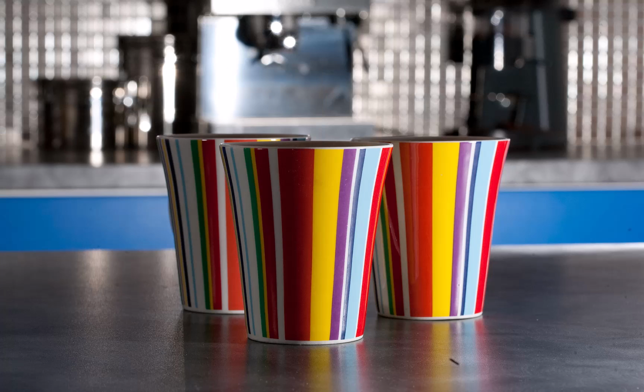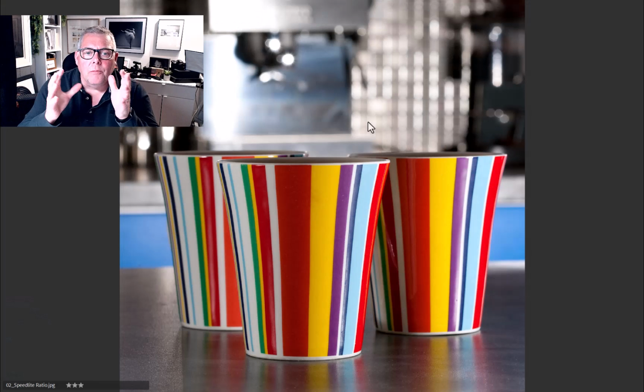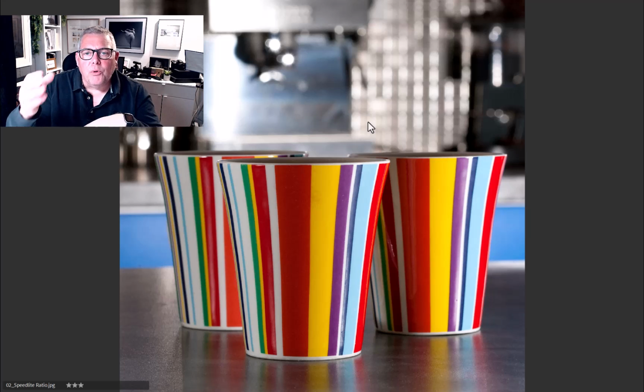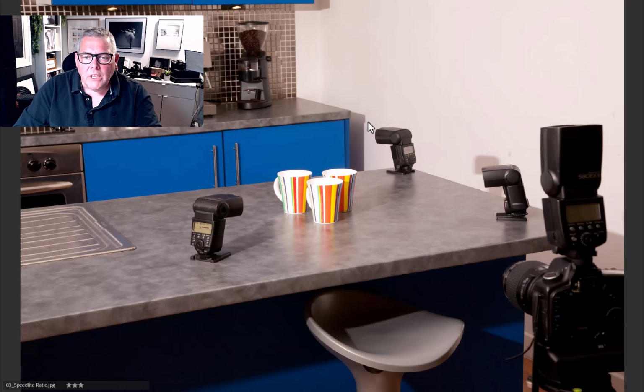So first of all, obviously in your scene, you've got to really look at what is your picture. So for here, I've shot with more flash on my right hand side, with less flash coming in my left hand side, and I've got a separation flash in the background as well. Now, if we look at the setup, we've got a master flash on camera.